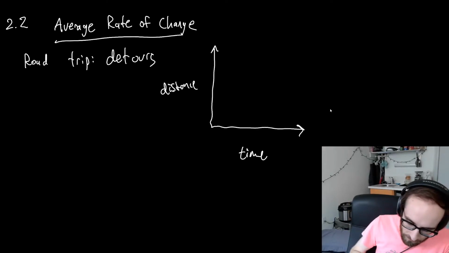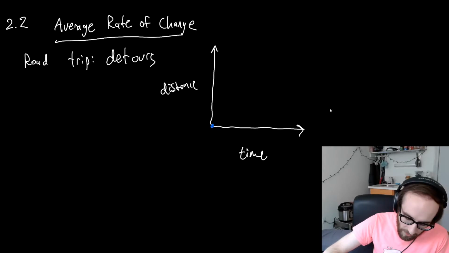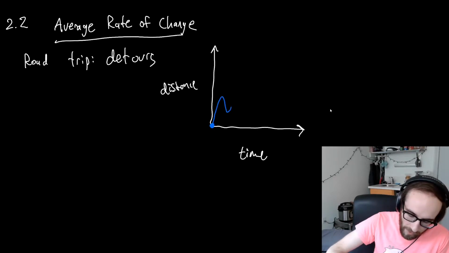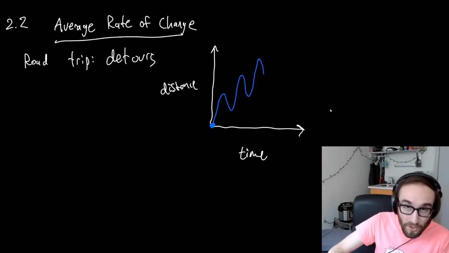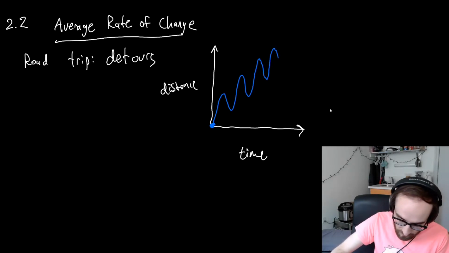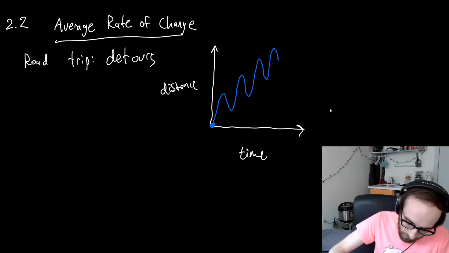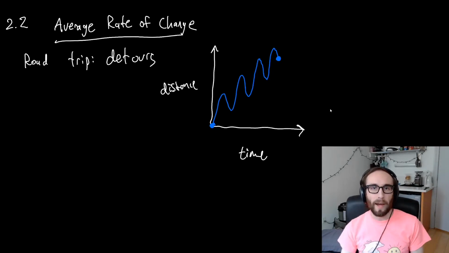And let's say you start at your house, and then over time you get closer, and then you get farther away, and then closer, and then farther away, and so on. You have to turn around a lot. So you end up with this kind of weird wavy graph. And then finally you end up overshooting and coming back to your destination.